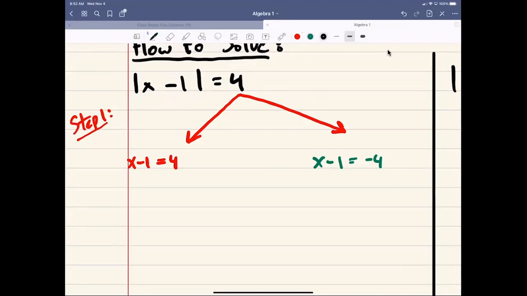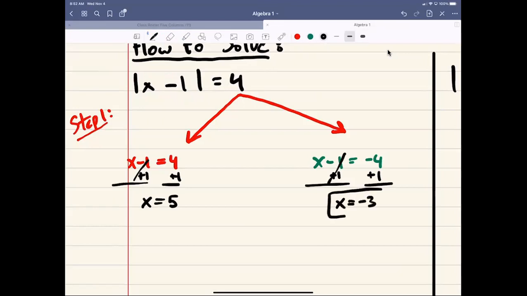Then we proceed to solving these problems. You're going to do +1 here and +1 here, and that goes away, and you get x is equal to 5. Then you do the same thing here: +1 here, +1 here, and this time you get x is equal to -3.